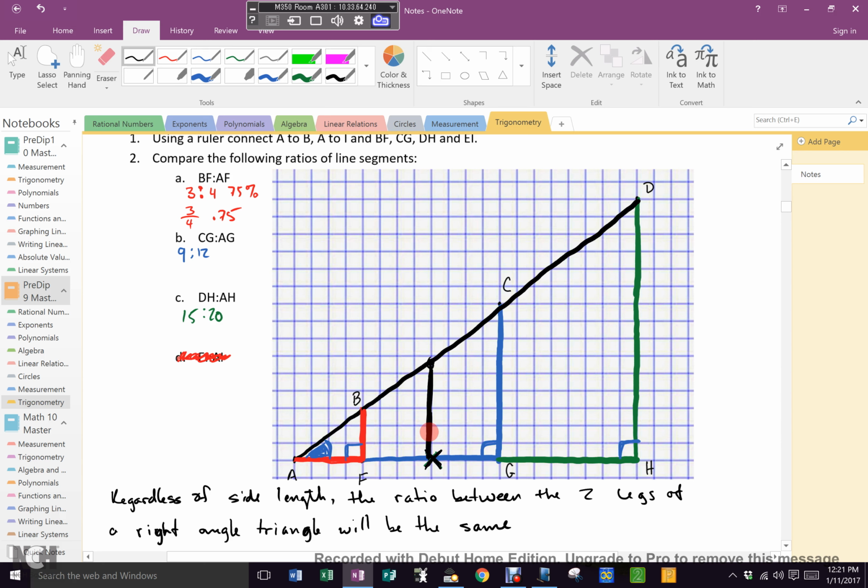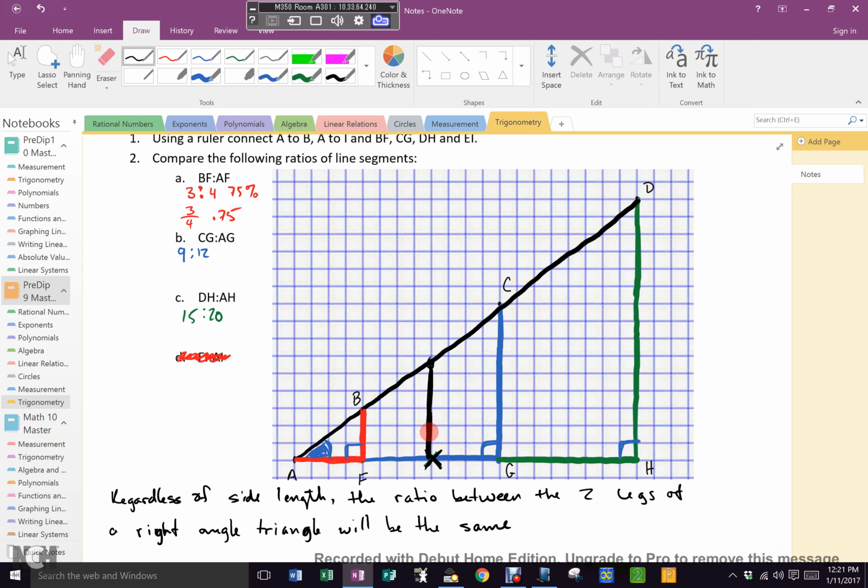Am I still dealing with this same angle? So without even counting these, what would happen if I count that and divide it? What am I going to get? 3/4 or 0.75, regardless.